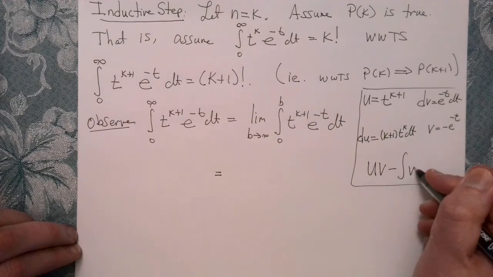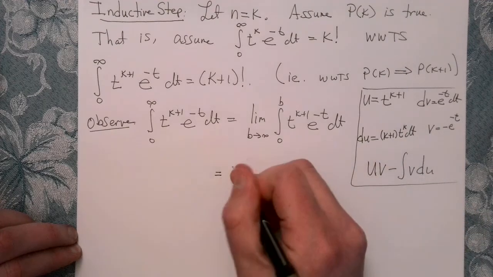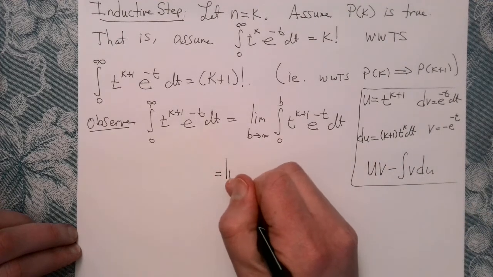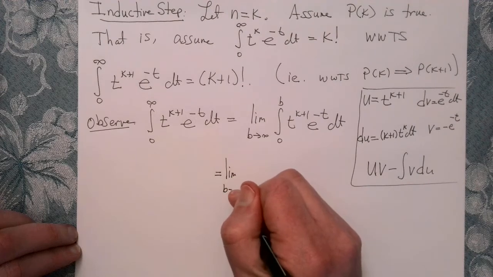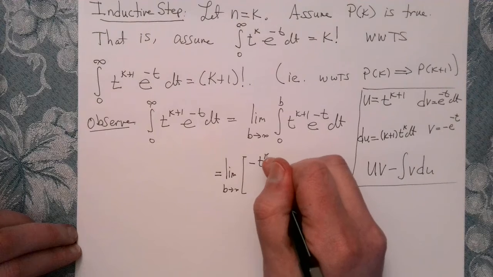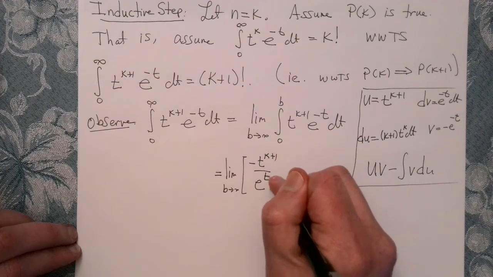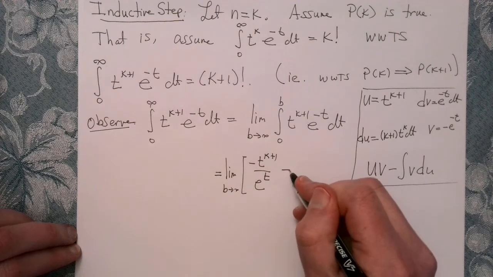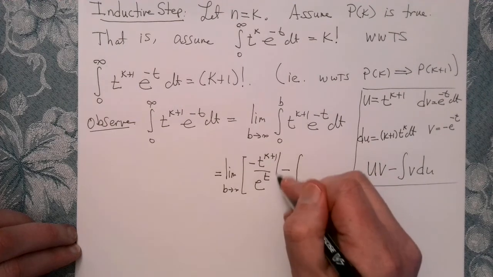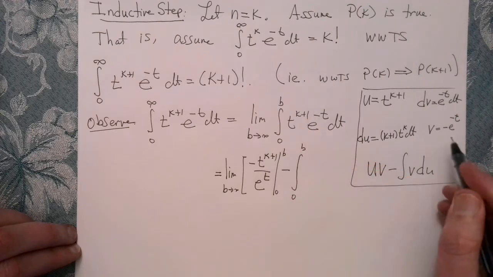Okay, so we want to see what happens now. So just follow this from integration by parts. So I've got u times v, and of course don't forget your limit. So u times v, but I can write that like this. So minus the integral, oh, don't forget to evaluate, minus the integral of v du.